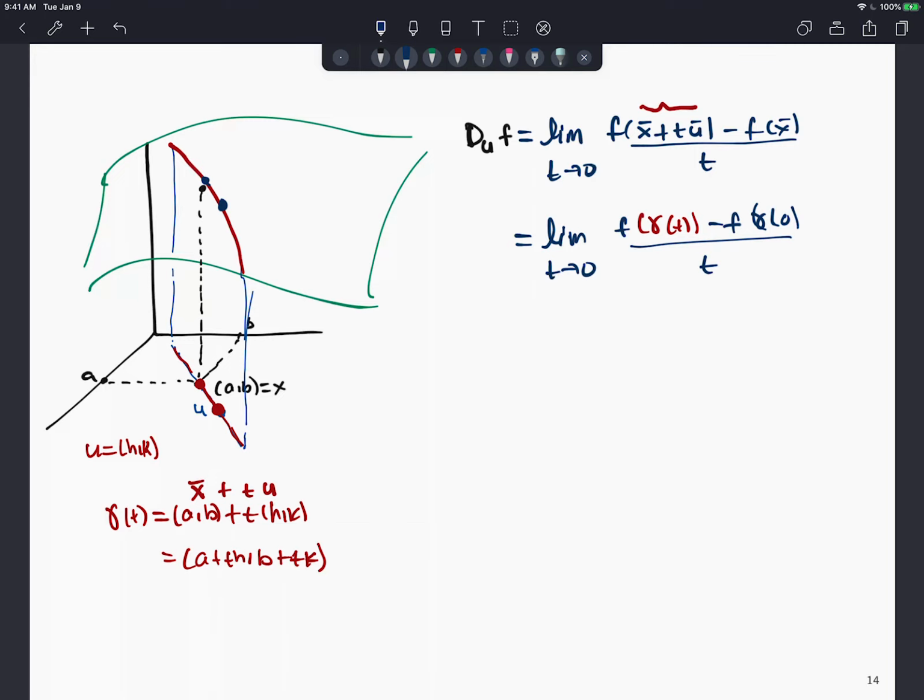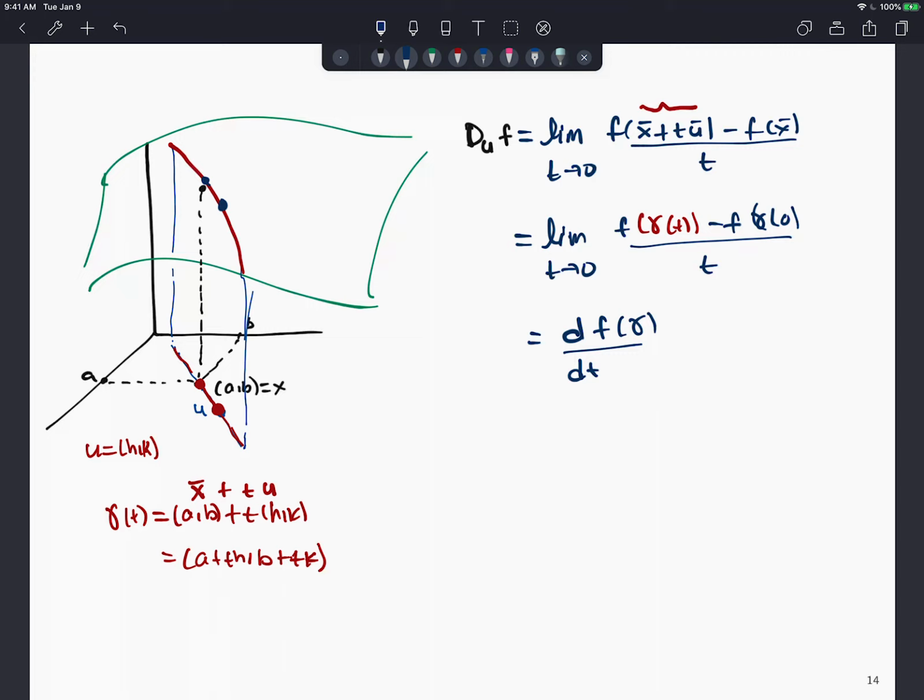Sorry, I didn't follow the colors there. But this really looks like the derivative of f of gamma. This is the definition of the derivative of f of gamma at t equals 0: f of gamma of 0 plus t minus f of gamma of 0, divided by t.